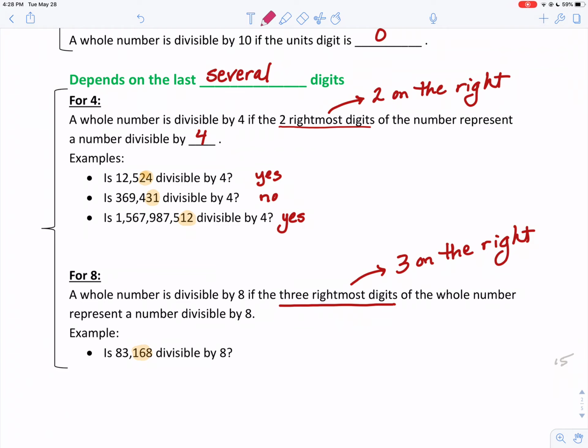You might be able to do that in your head, or you may think 8 goes into 16 2 times, and 8 goes into 8 one time, and there's nothing left over. So yes, it is divisible by 8. We just had to divide 8 into the last 3 digits instead of that big number.